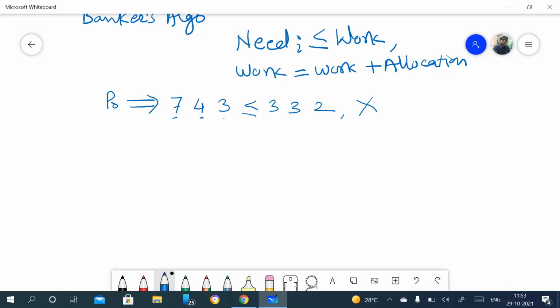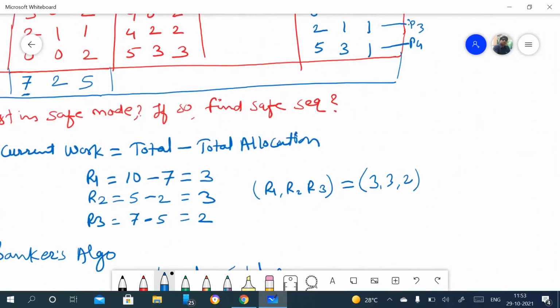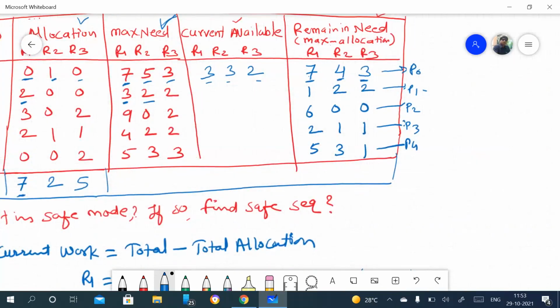Getting this? Now same thing for P1. What is need? Here you can see 1, 2, 2. This is need, and the number of resources in our hand are 3, 3, 2. These are the available resources in our hand, and this is the remaining need.